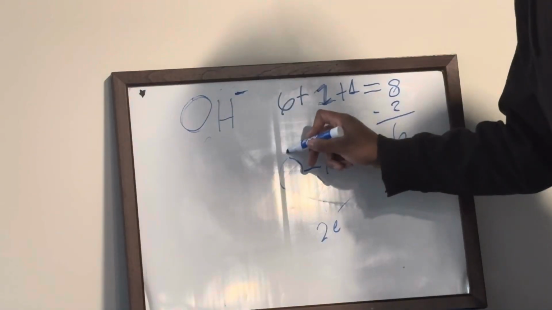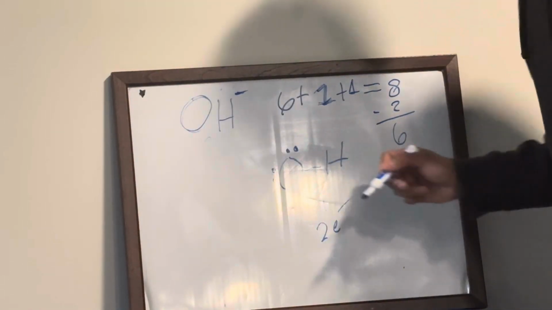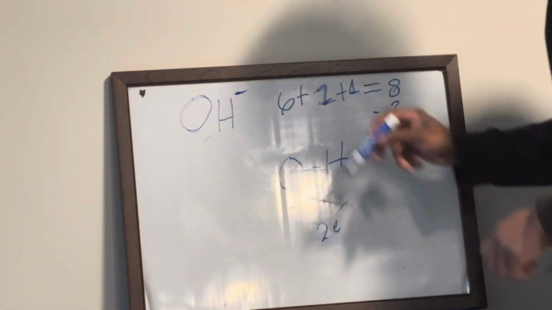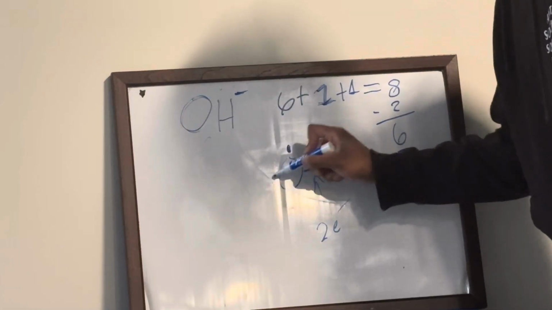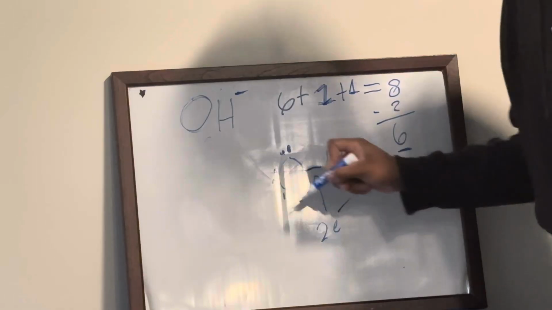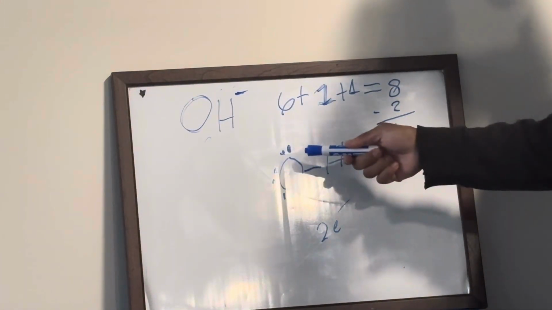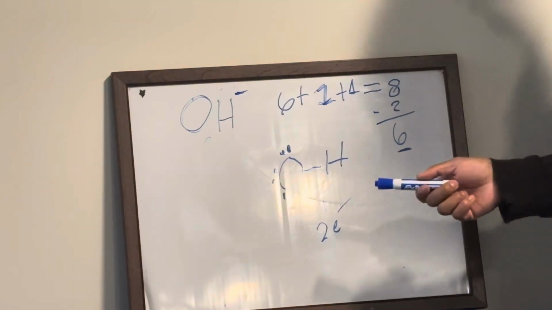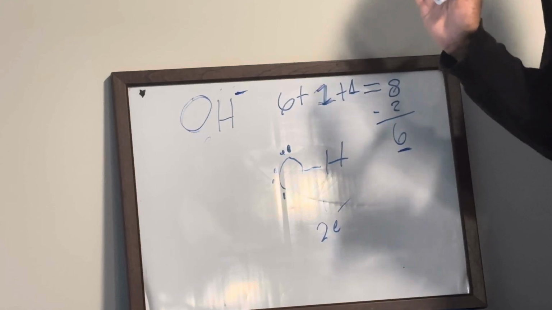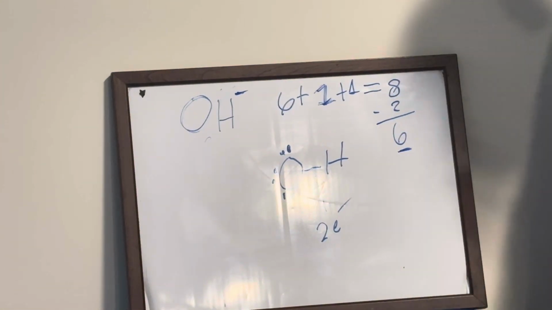So we go 1, 2, 3, 4, 5, 6. And now it completed its octet rule. These got 8 electrons. The hydrogen became helium because helium has 2 electrons. Now we're done. We're good. That's it. And we're gonna do another one, okay?